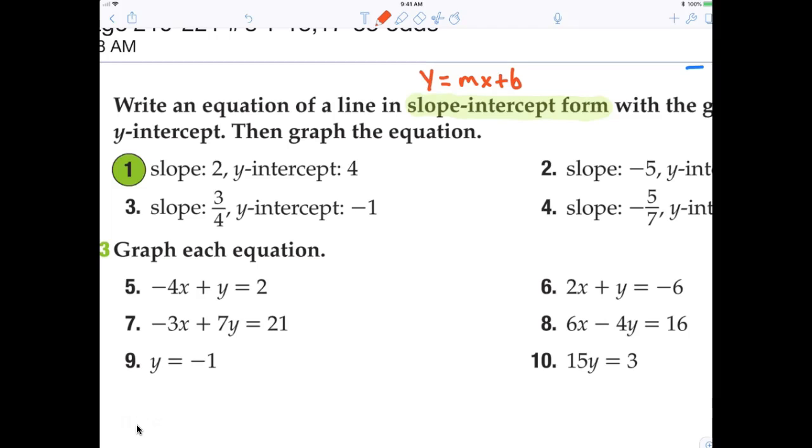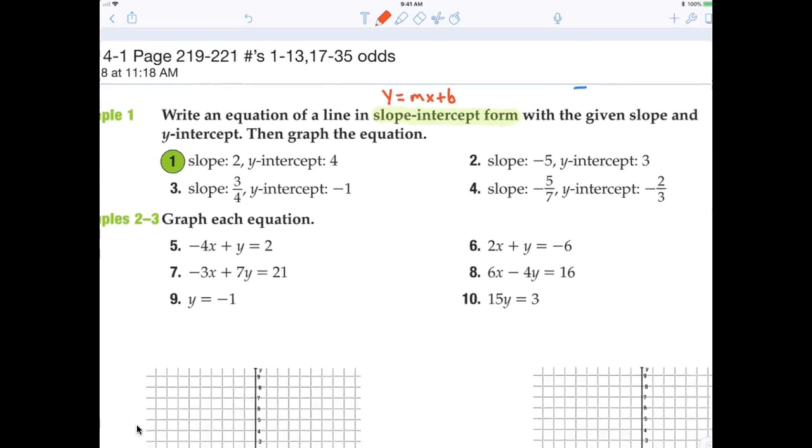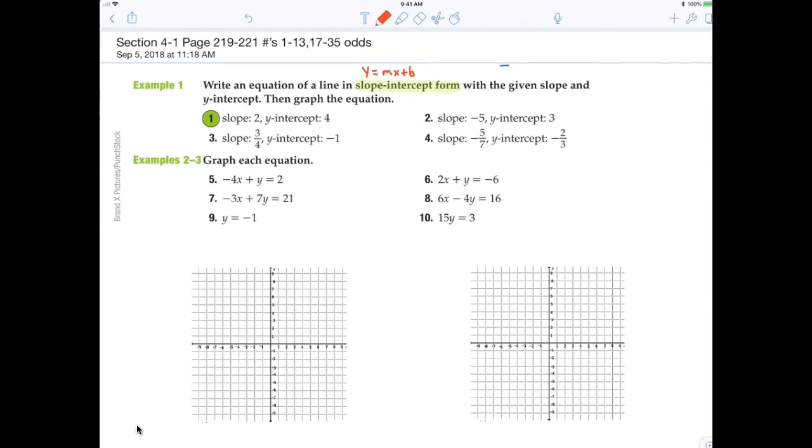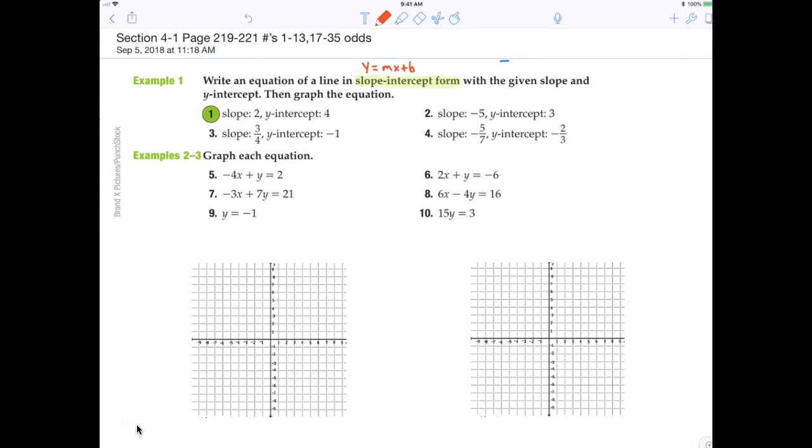Now, from there, we're going to read some directions. It says, write an equation of the line in slope-intercept form with the given slope and y-intercept, then graph the line. So now I'm going to try to teach a little bit about your Notability, which I think is really cool. I put some graph paper in here for you.